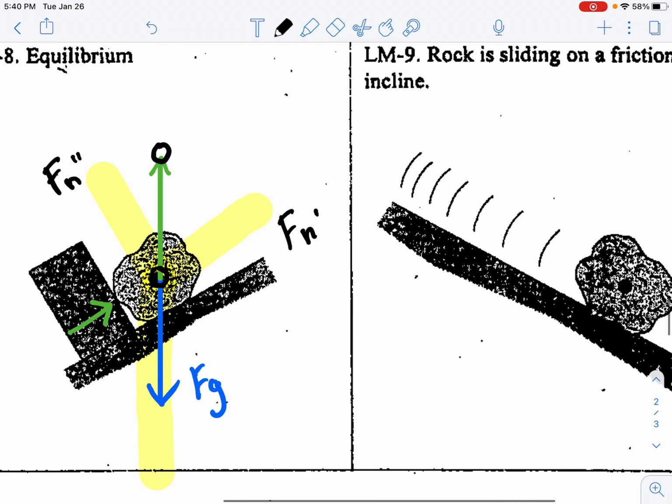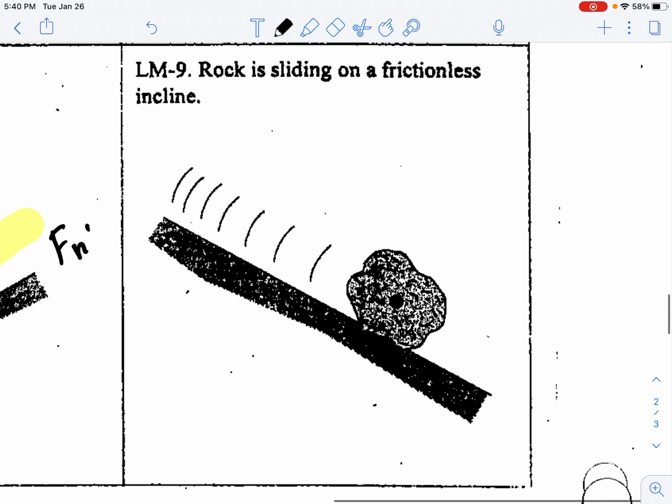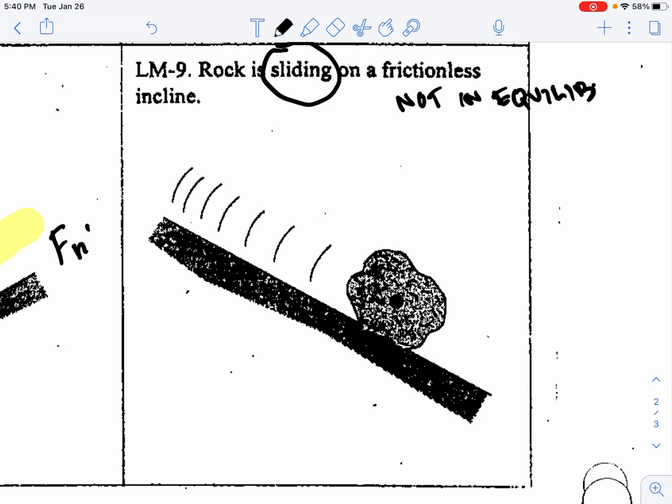Okay. And then the last one, in this one, it's sliding. Well, if it's sliding, then it's not in equilibrium. And if it's not in equilibrium, that means the net force does not equal 0. So that means there's going to be a little leftover force, and that force is going to be in the direction of the motion.